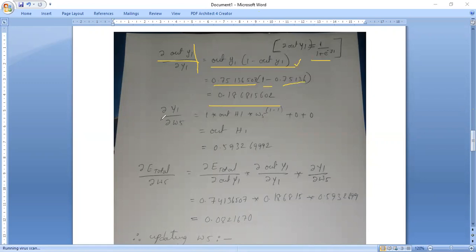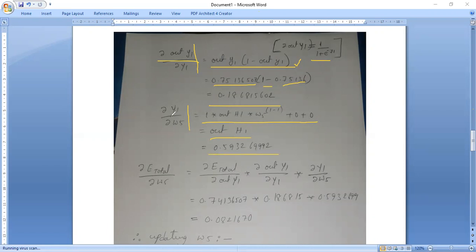Next, ∂Y1 by ∂W5. For this, 1 into out H1 into W5 to the power of 1 minus 1 plus 0 plus 0. These are all things we discussed in the previous session itself, right? This total can be represented as output of H1. This output of H1 value is this one.